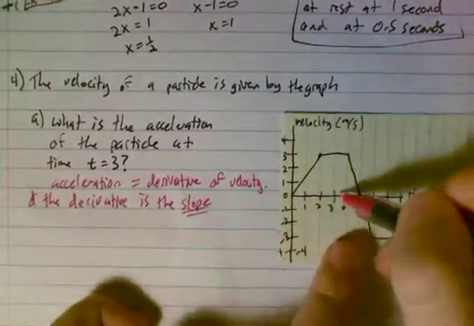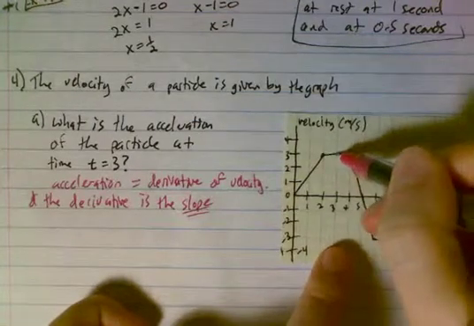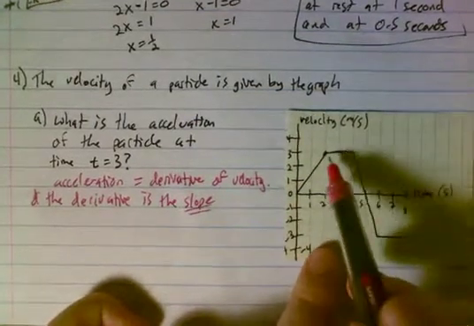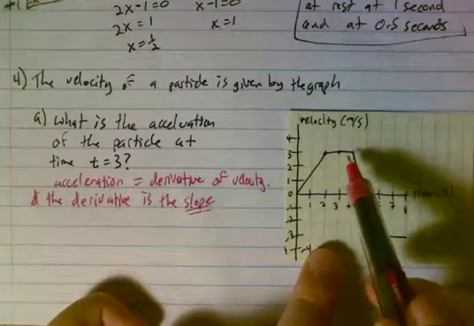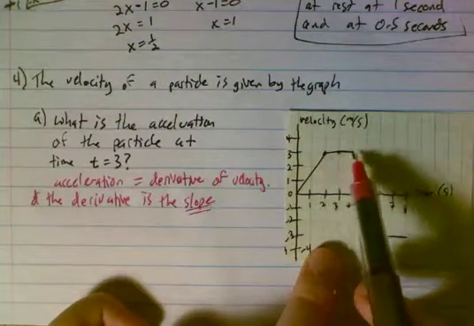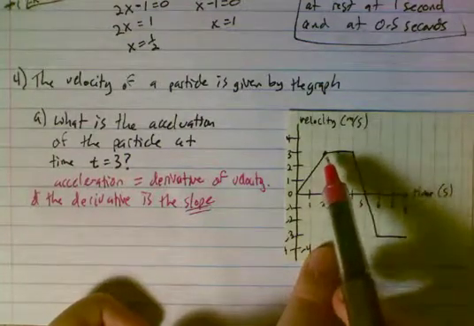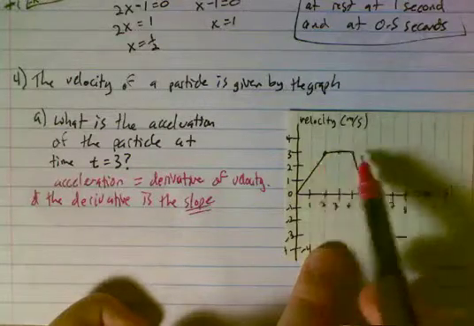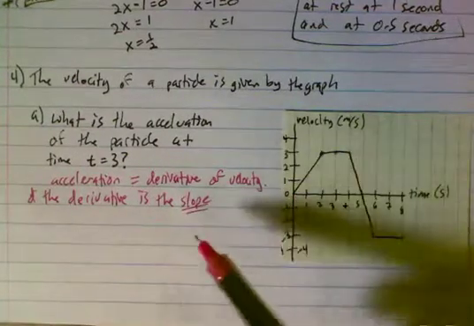So when we go up here to where time t equals 3 right here, we want to say, what's the slope of this line? Well, this curve is flat, the rise is 0, so it's a slope of 0 right here. So our acceleration is simply 0.